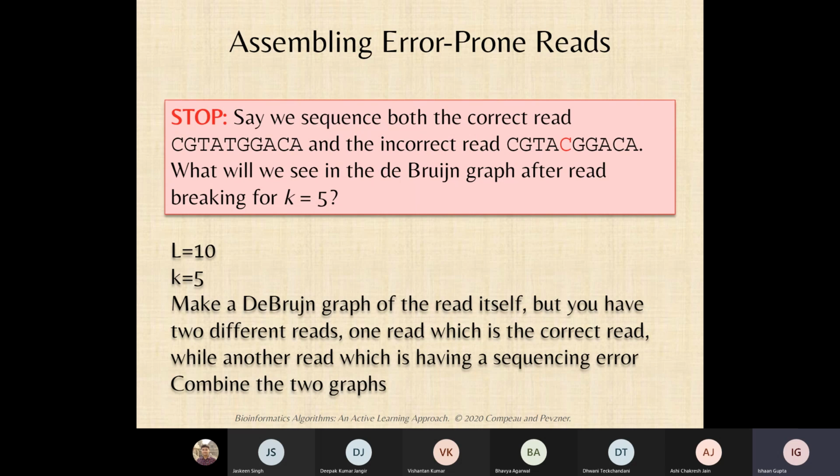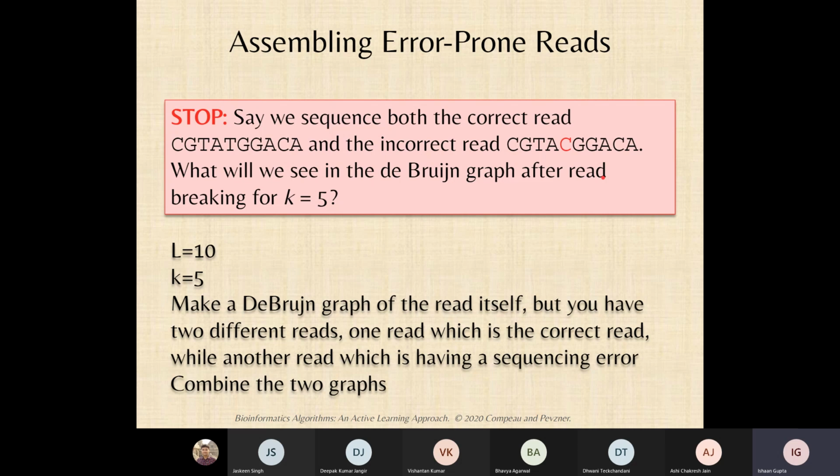What's the other problem that we are solving? The other problem is that reads are sometimes error prone. When we say reads are erroneous, it means that one of the bases is called incorrectly. For example, instead of a TAT, there's a TAC here, so this T is incorrectly base called.